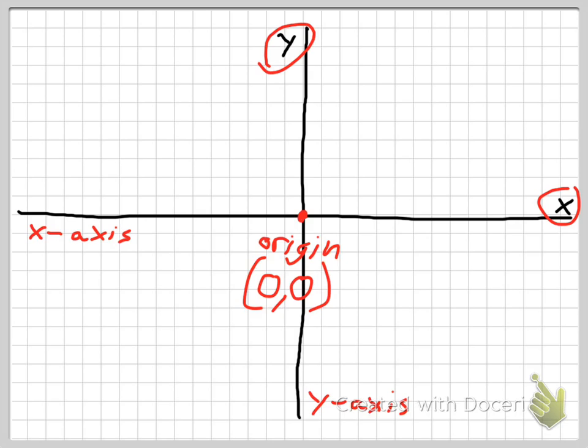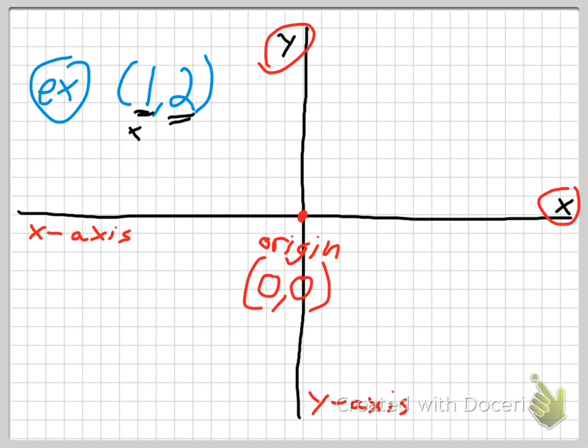Now let's take a look at an example of an ordered pair here. Let's give the ordered pair (1, 2). If I'm looking at that ordered pair, my first number tells me my x.